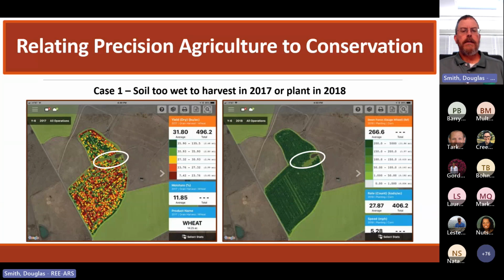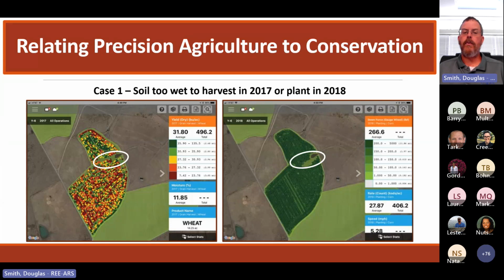Here, a case study looking at, on the left, yield monitoring of wheat in 2017. And in this portion of the field is an area we were not able to harvest because it was too wet. Turn around in 2018 when we planted corn. Again, it was too wet to plant this portion of the field.